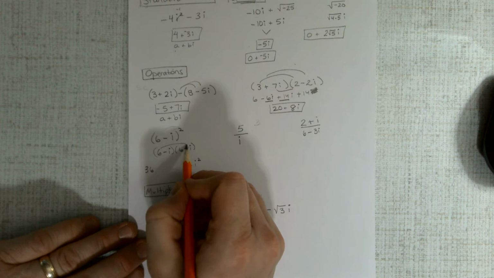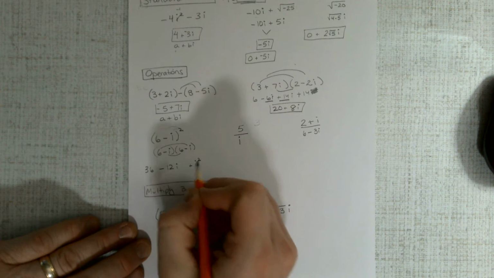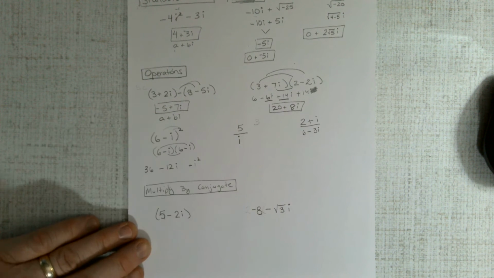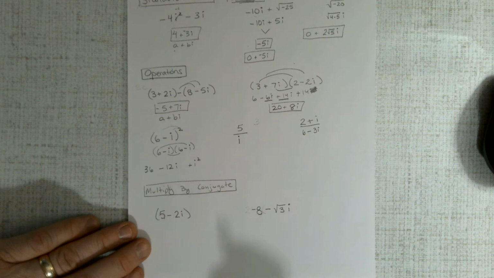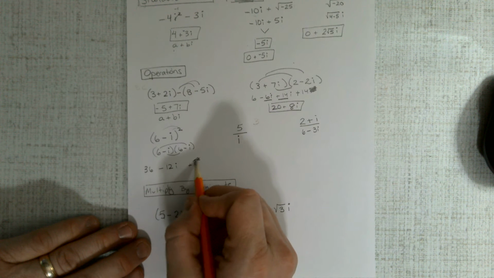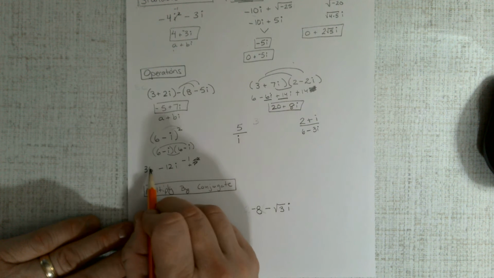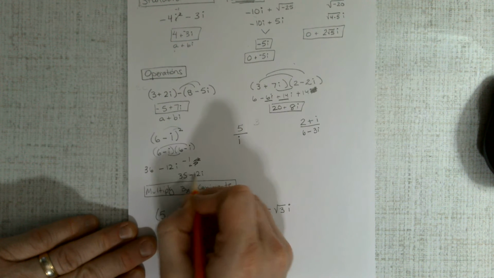And that's a -6i and a -6i, so -12i. If you can learn to FOIL like that, first ones, last ones, outsides and insides, it'll save you some time. What does this become? Well, i squared is a -1, so that makes it -1. 36 minus 1 is 35, minus 12i.